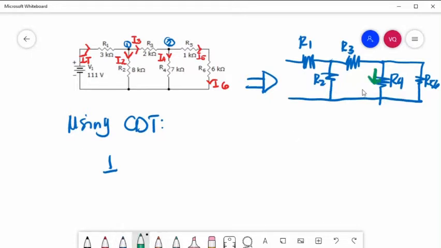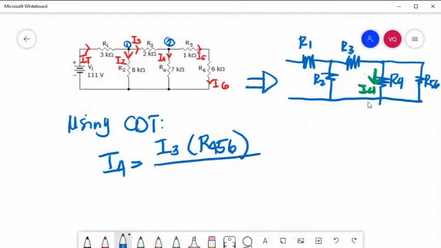So, kailangan natin yung I4. So, I4 is equal to what current supplying I4 and R5, 6. So, it is your I3. So, I3 multiplied by the total resistance of the two parallel resistors R4, 5, 6 divided by R4.